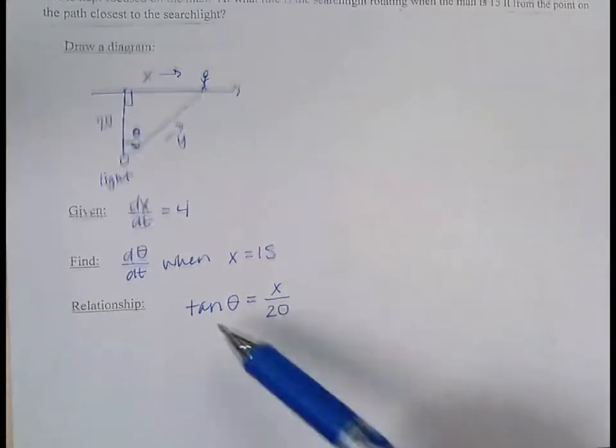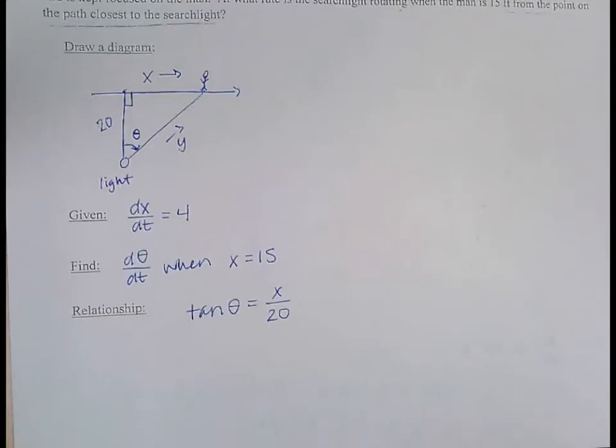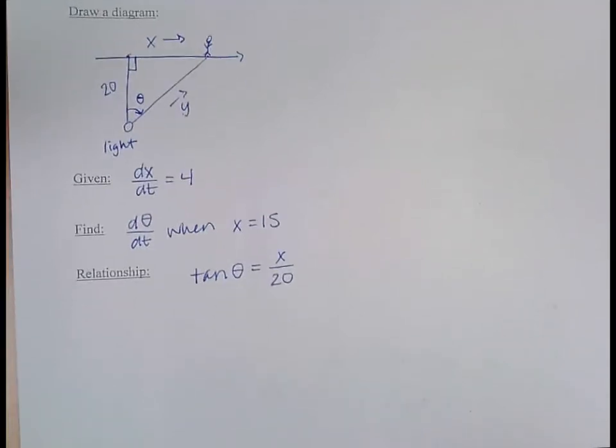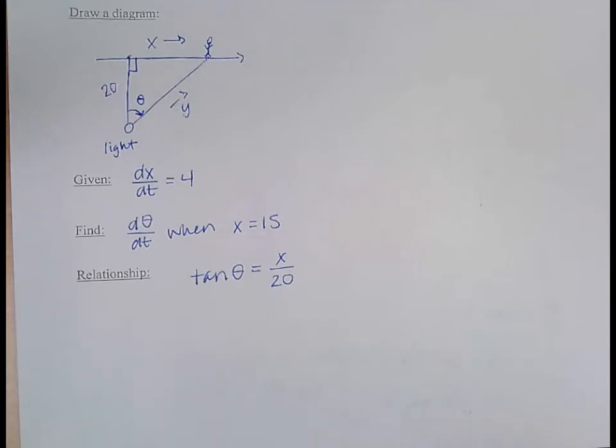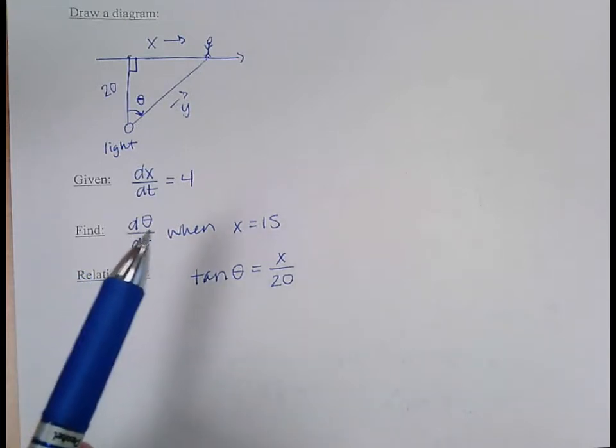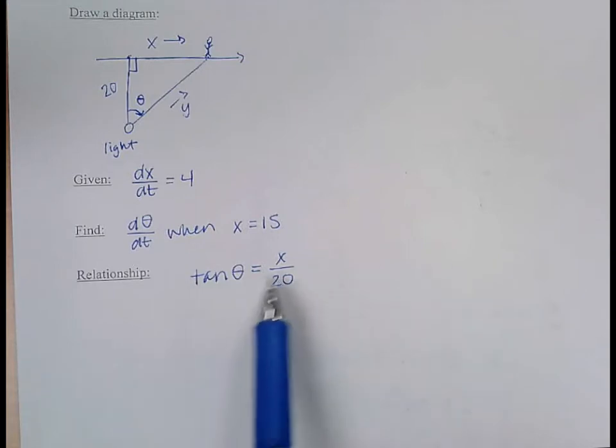Opposite over adjacent is tangent. So when you have related rates problems that are looking for the rate of an angle, your relationship is going to be a trig function. You just have to figure out which one to use, and you could also use reciprocal trig functions as well.